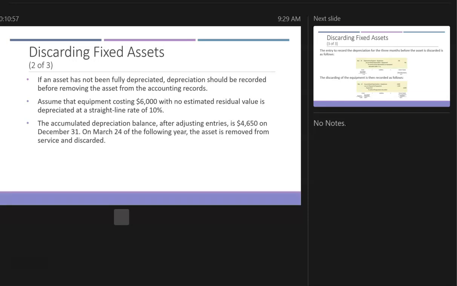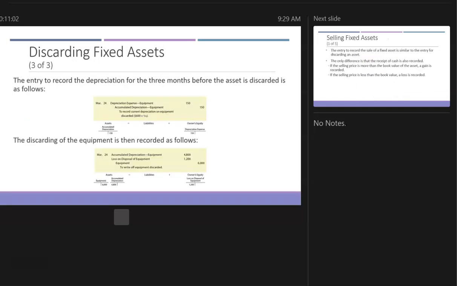On March 24th of the following year, the asset is removed from service and discarded. So the first thing we need to do is show the depreciation for that short period of time, which will debit our depreciation expense of $150, credit our accumulated depreciation of $150.